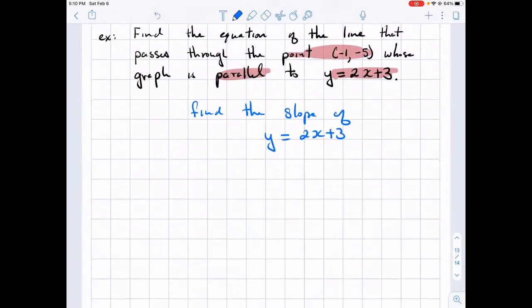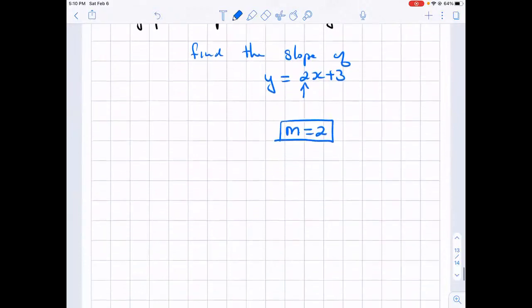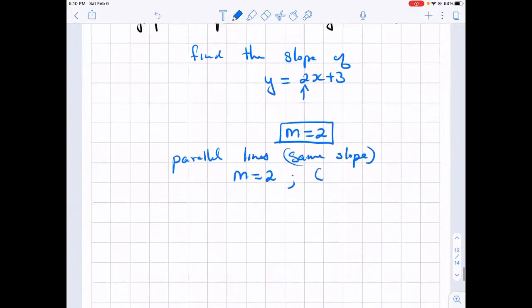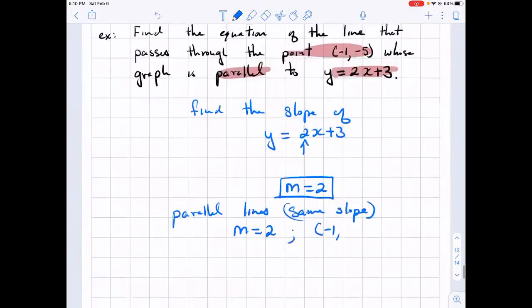So here y is already isolated, so this is my m. m is equal to 2. Now, if they're parallel, m is also equal to 2. Parallel lines share the same slope. Parallel lines, same slope. And the point that we have is -1, -5.